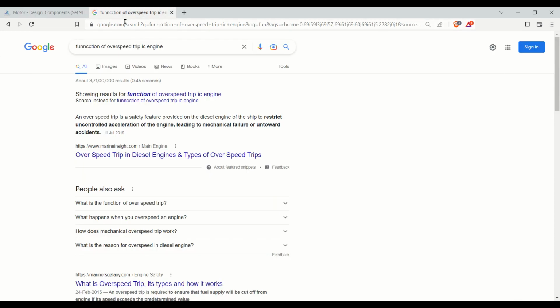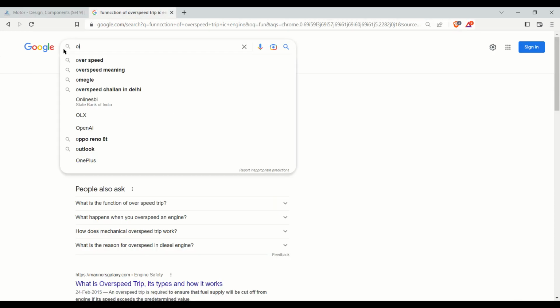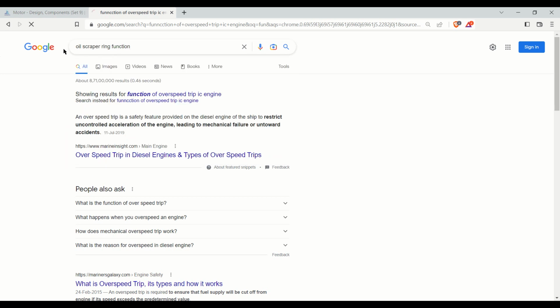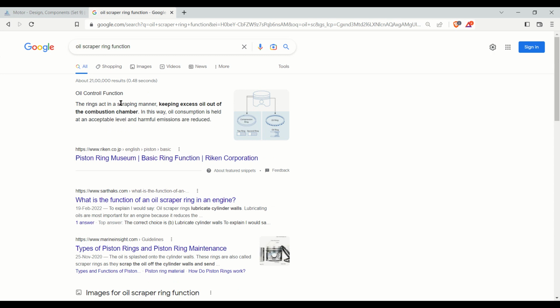Let's have a look at the compression ring and oil scraper rings. It is also known as the oil control ring. The ring acts in a scraping manner, keeping excess oil out of the combustion chamber.